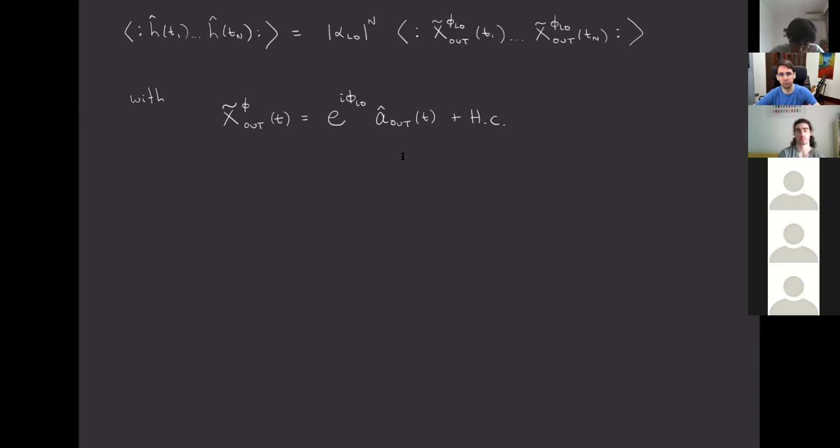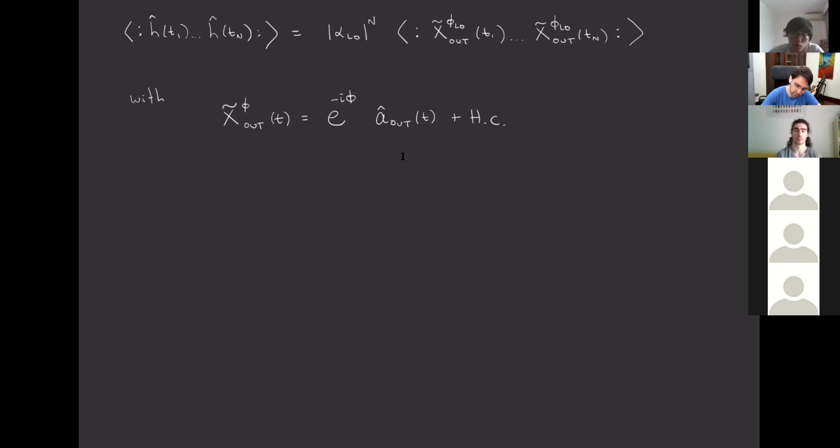So this is what we would call, so usually we put a minus in there. So this is the quadrature phi of our output field.